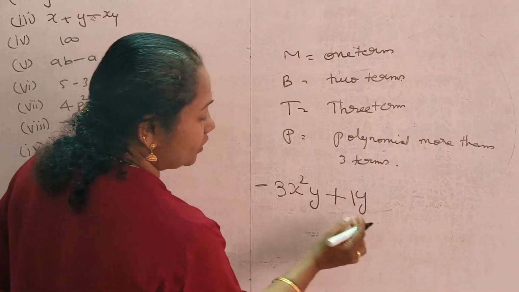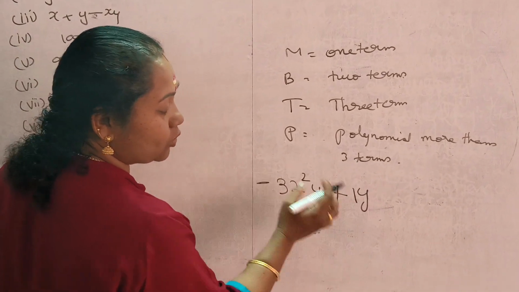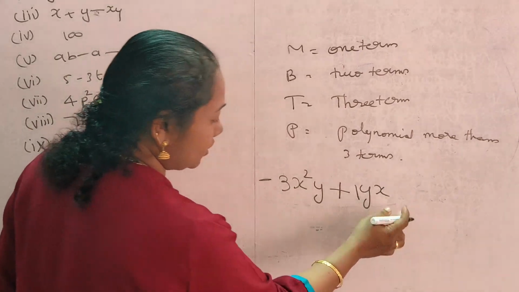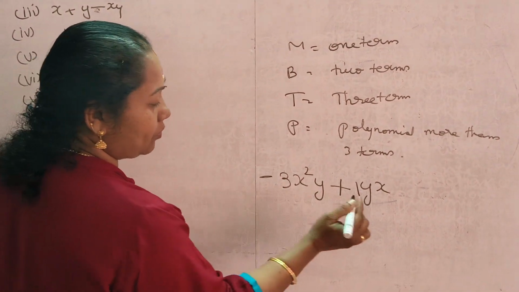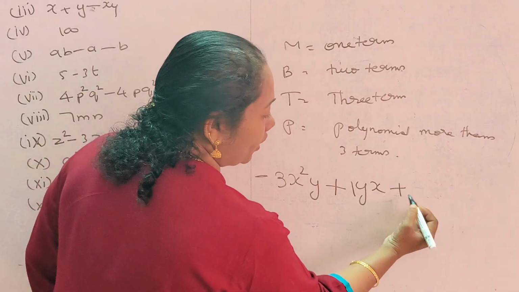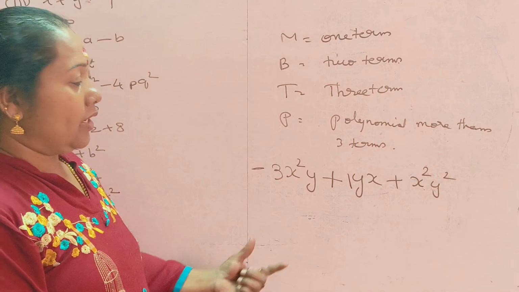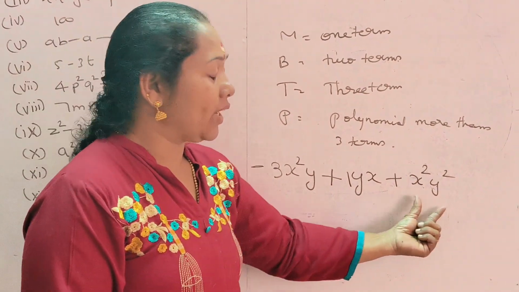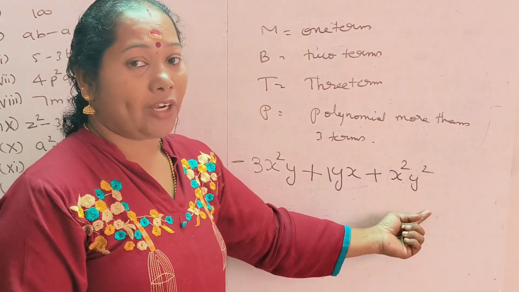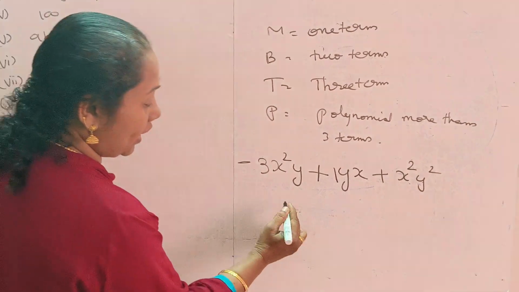Yx is also a binomial. And if there is one more term, that is x squared y squared, then it is a trinomial. 1, 2, 3 terms are there. So it's a trinomial.